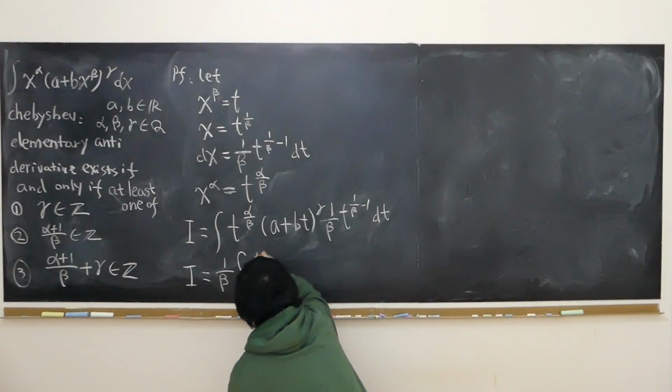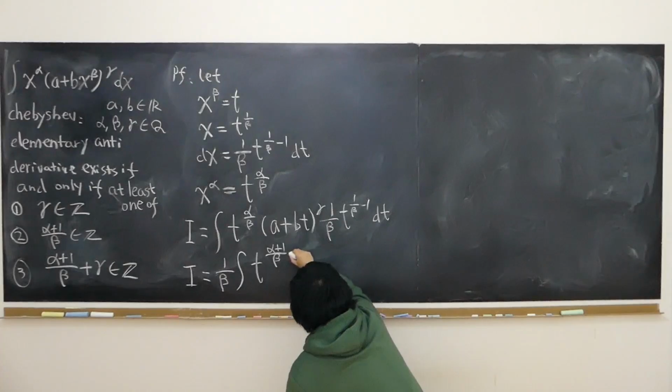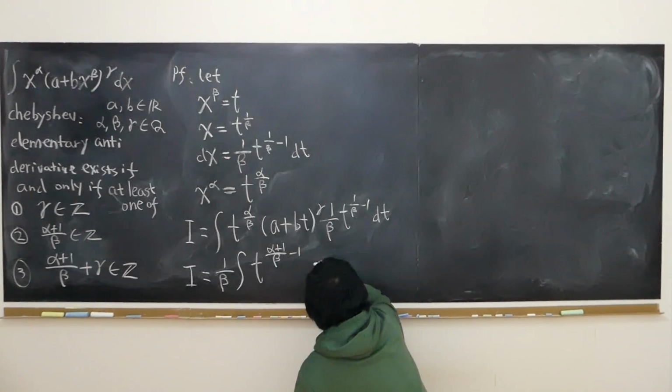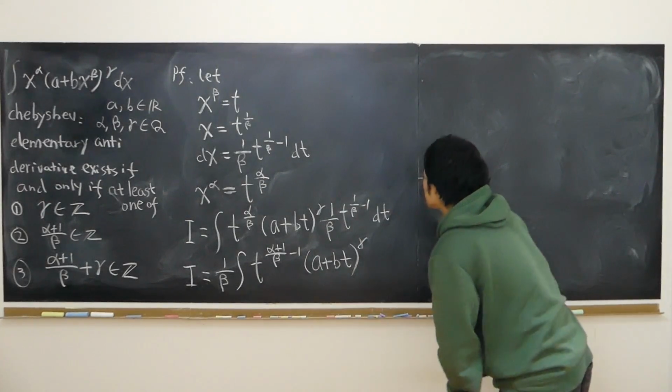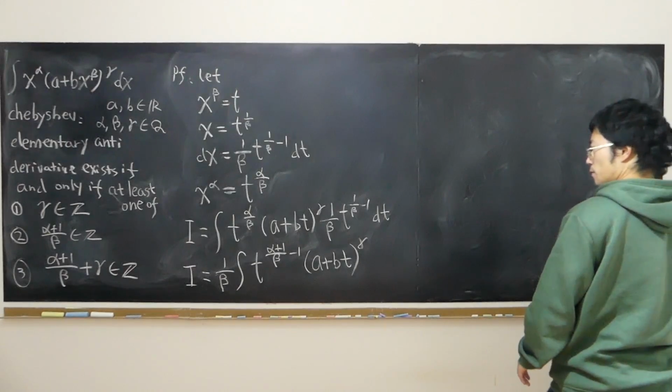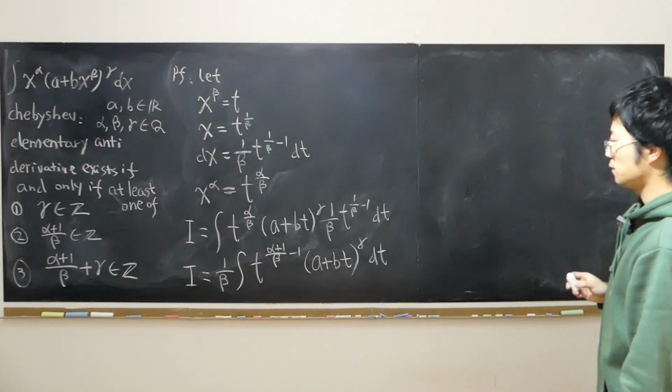So we have t to the power of alpha plus 1 over beta minus 1 times a plus bt to the power of gamma dt. All right.